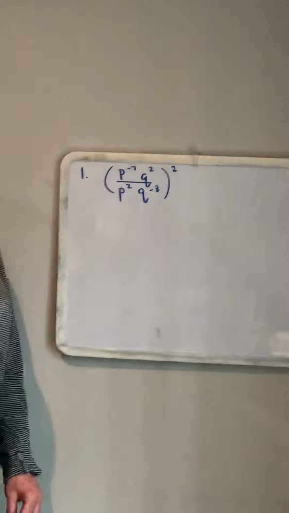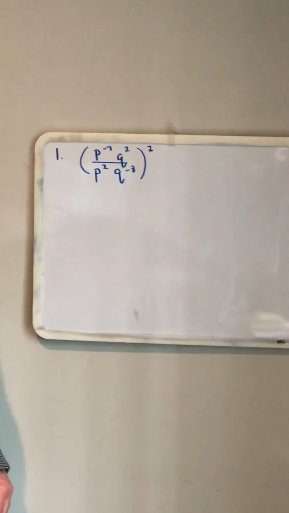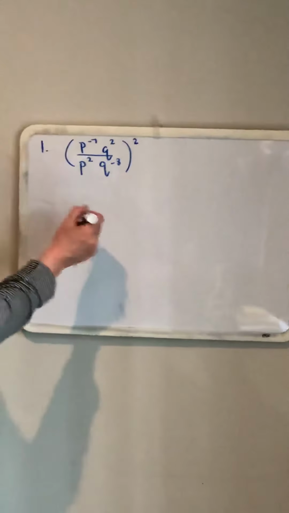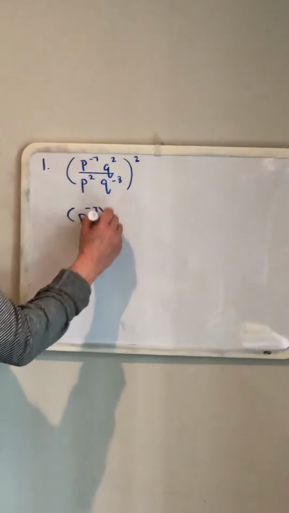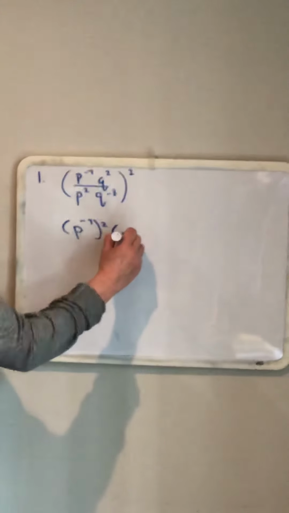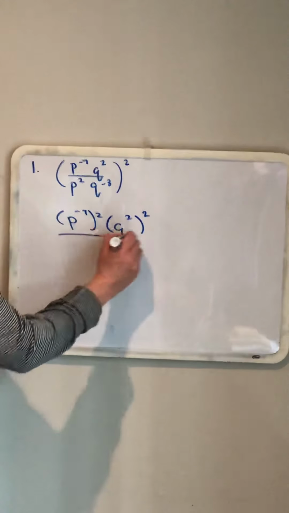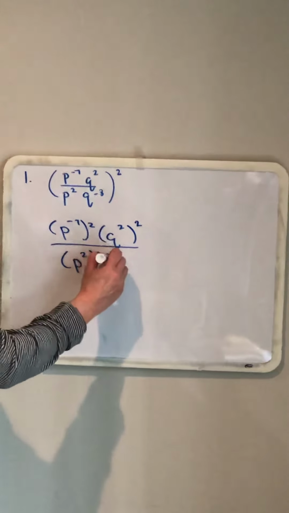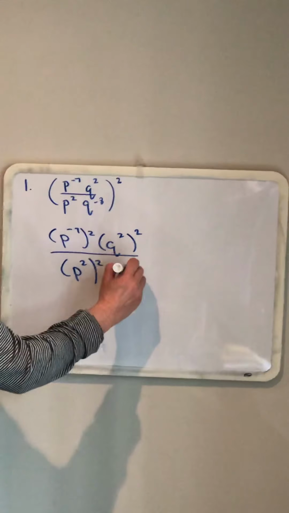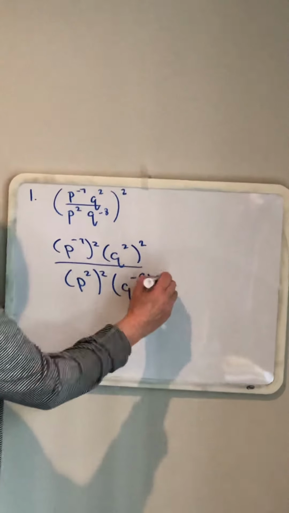The first thing you should notice with number 1 is that there's an exponent on the outside. When there's an exponent on the outside, I like to distribute it in first. So it becomes P to the negative 7th to the second, Q to the second over P to the second, and then Q to the negative 8th to the second.